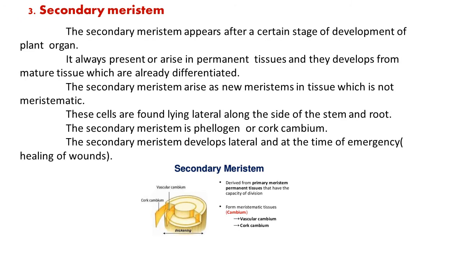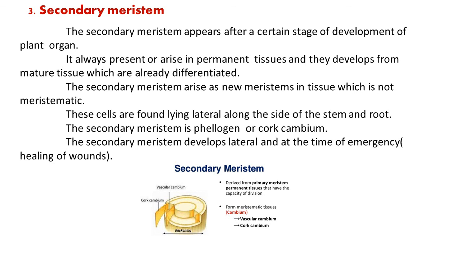Now, secondary meristem. The secondary meristem appears after a certain stage of development of the plant organ. It always arises in permanent tissue and develops from mature tissue which is already differentiated. The secondary meristem arises as new meristem in tissue which is not meristematic.